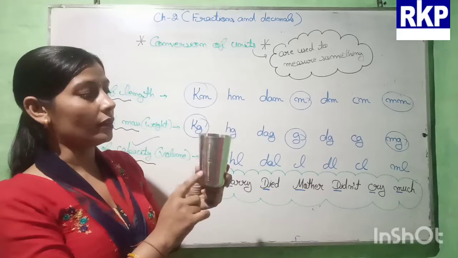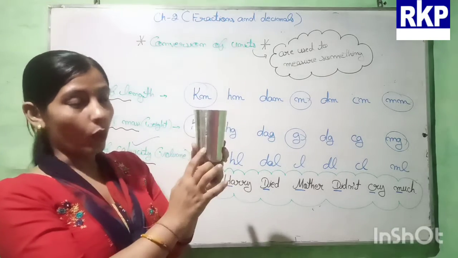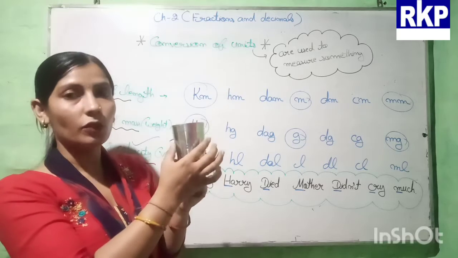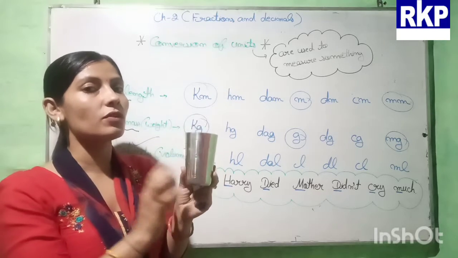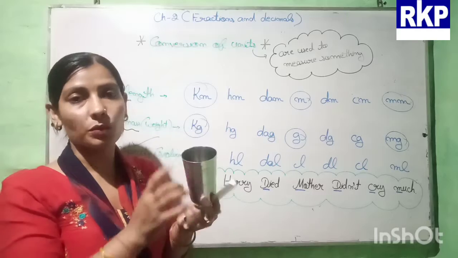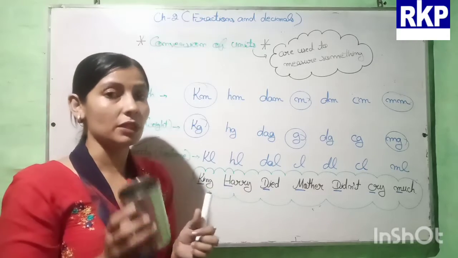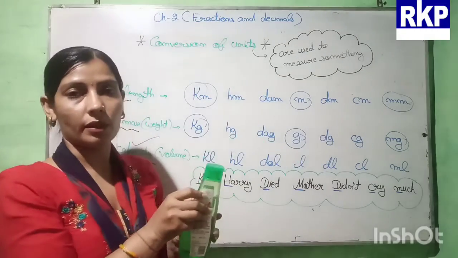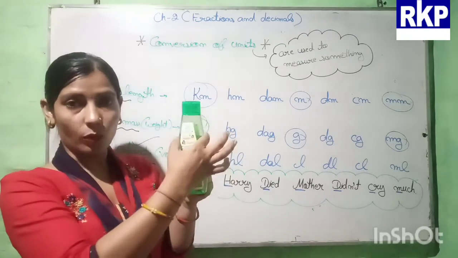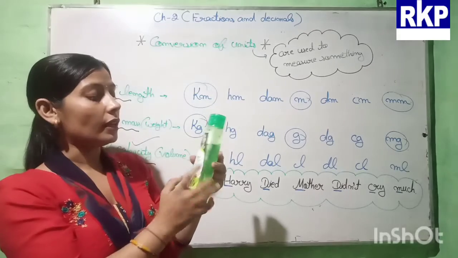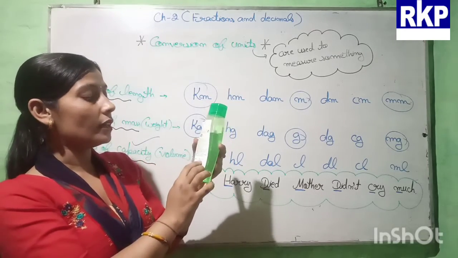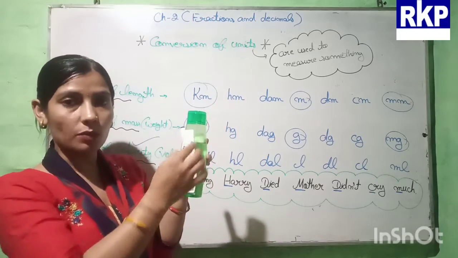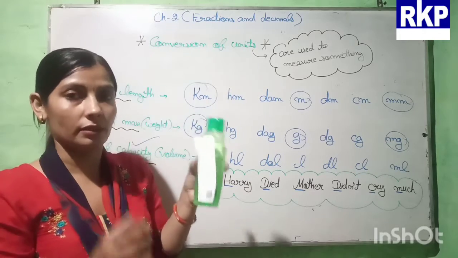It can hold 250 milliliters of water, so we can say the capacity of this glass is 250 milliliters. And see this bottle, here is written 300 milliliter. So the capacity of this bottle is 300 milliliters, okay?